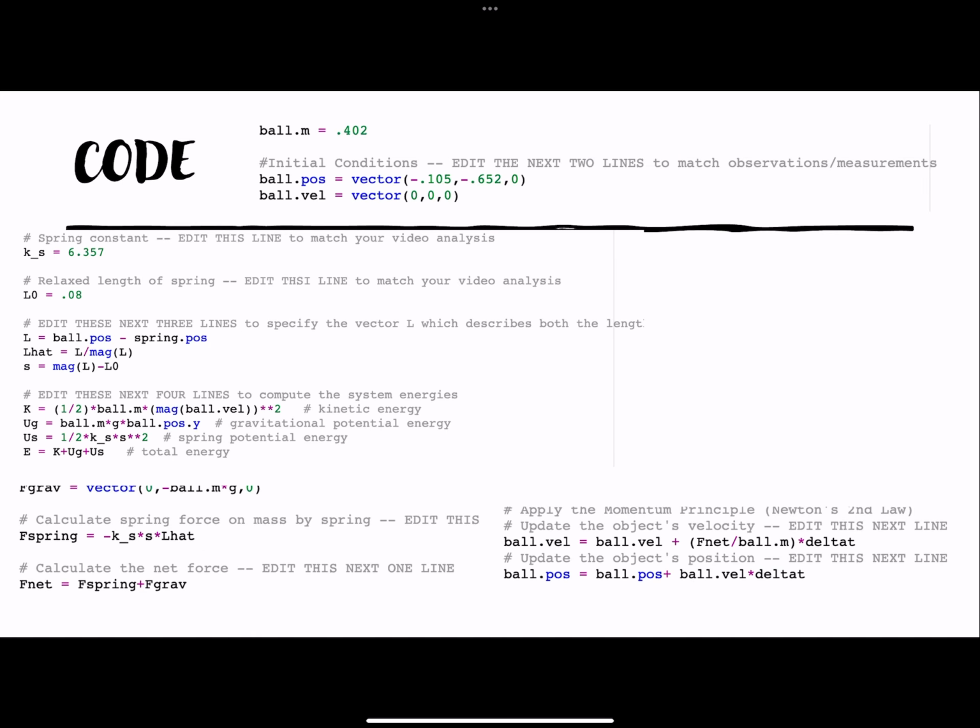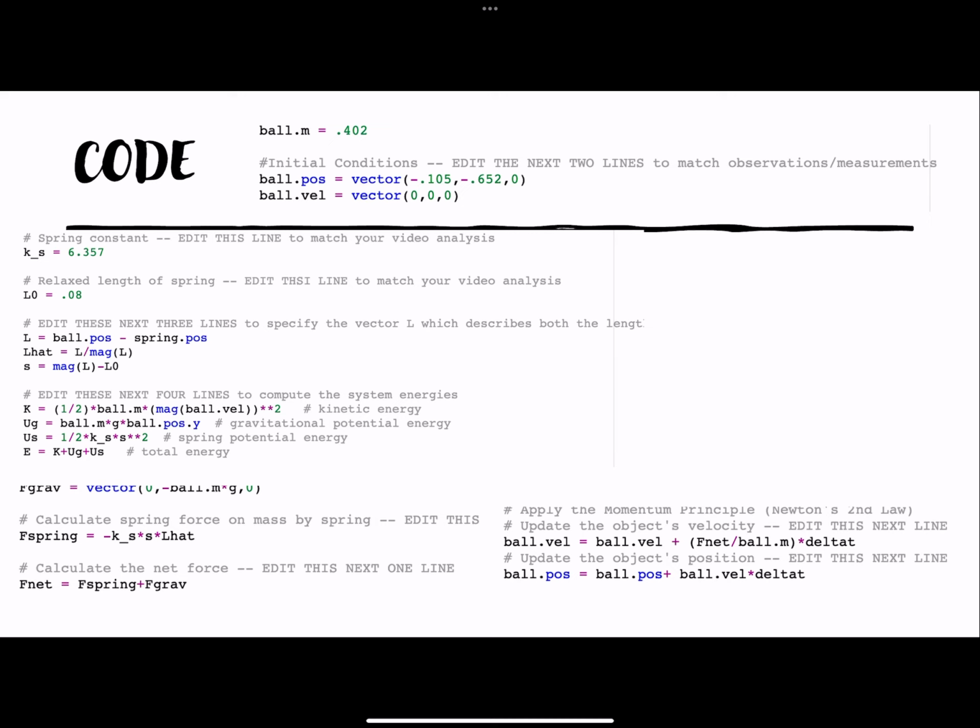So this lab had a lot of coding, so I'm just gonna give a brief explanation. On the top right, as you can see, I added my initial conditions, which was the mass of the ball, which was 0.402 grams, the initial position, and the initial velocity, which, as I stated earlier, is 0.